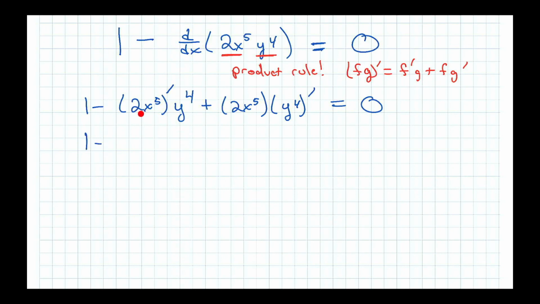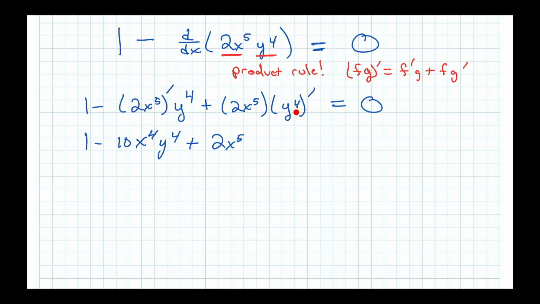So here, this is the derivative with respect to x of an x function. So we just apply the normal power rule, bring the 5 down in front. 10x, subtract 1 from the power. 10x to the 4th. And then the y to the 4th has no prime, so we just write it. Now here we have 2x to the 5th, no prime, so 2x to the 5th.